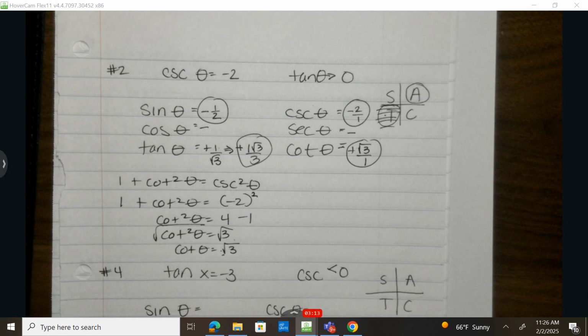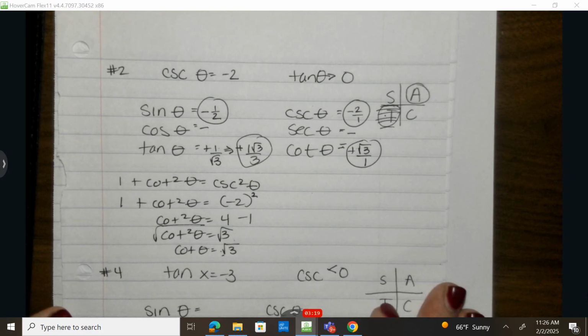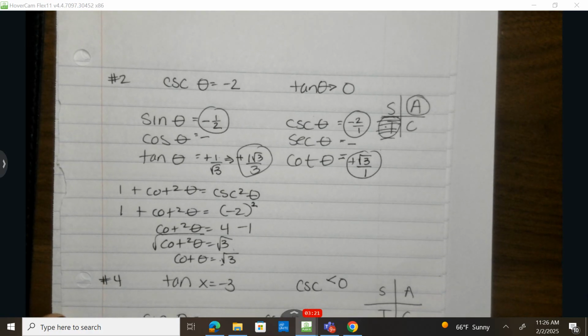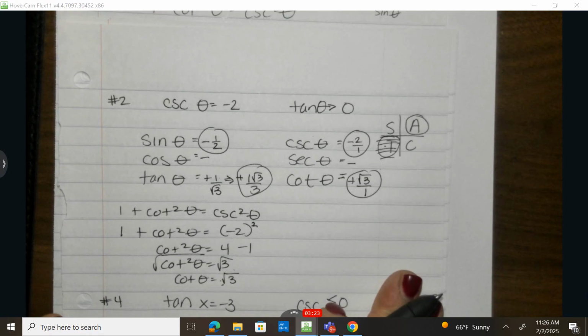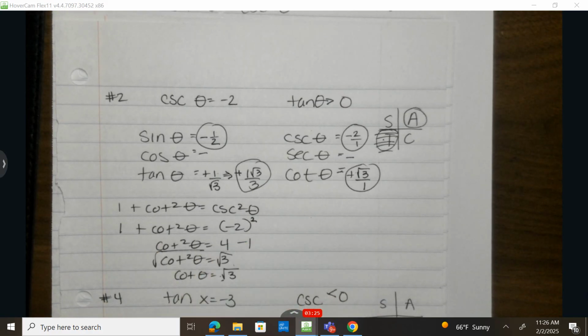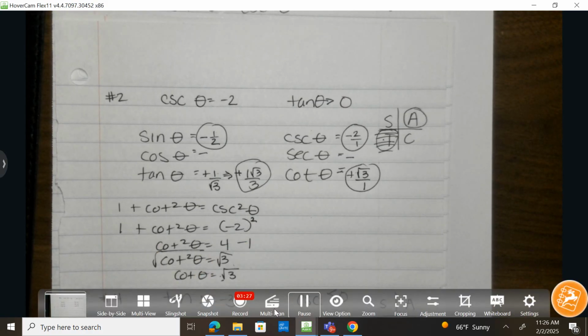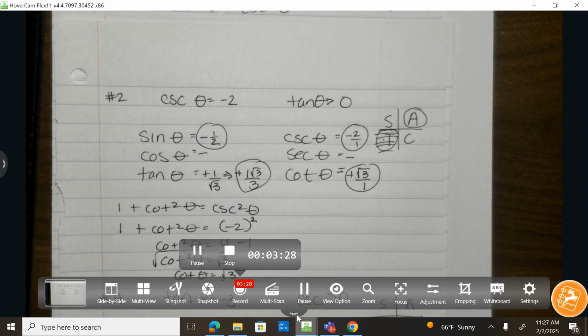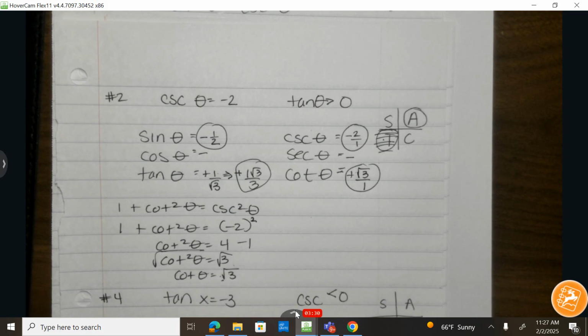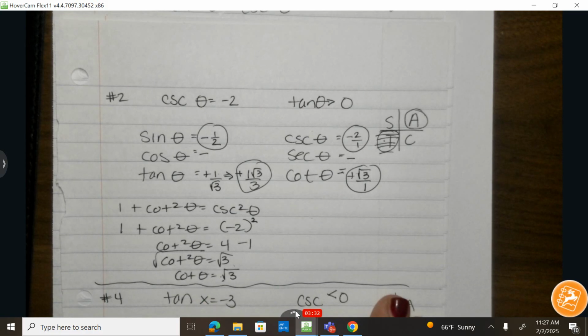How can we now figure out what the cosine and the secant are? Well, there's a couple different ways that we can do it. I would say one of the most common is that we could come up here and put more numbers into these identities. More than one way to go about doing this.